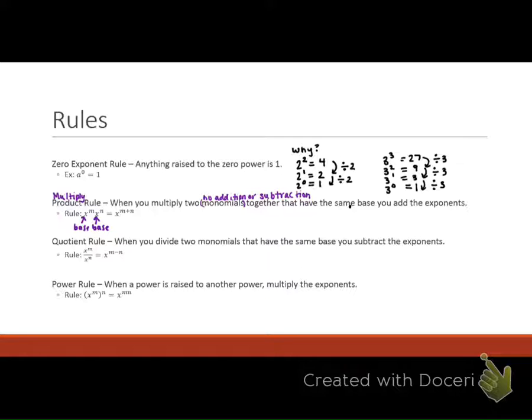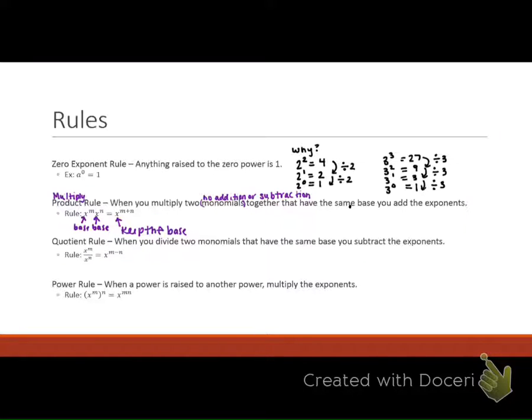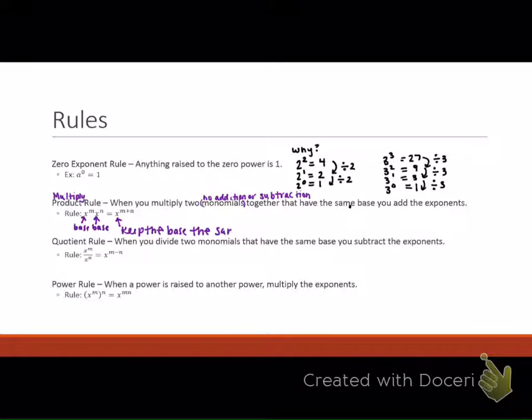The base must be the same. If you do not have the same base, you may not add the exponents. But what the product rule is saying is that when you multiply, you keep the base the same and add the exponent. So keep the base the same and add exponents.